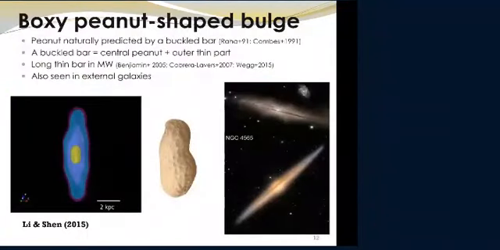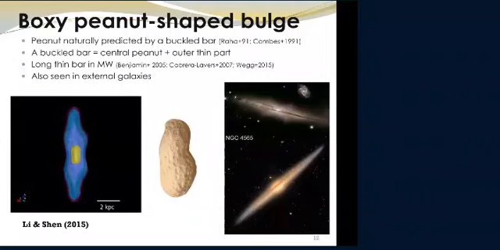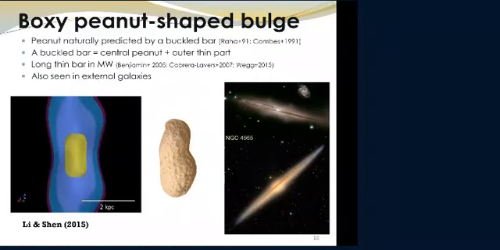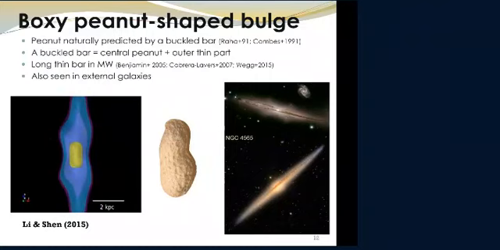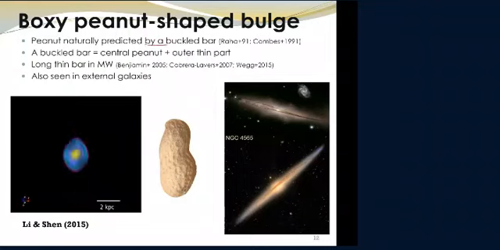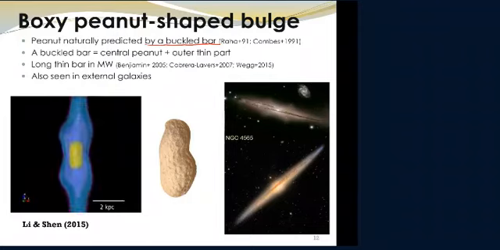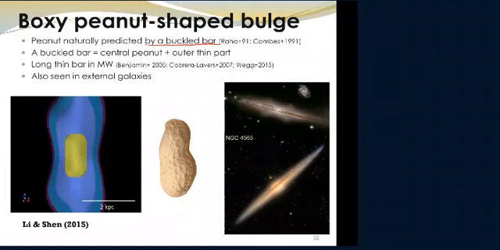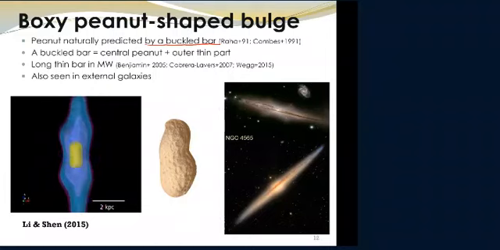Okay, and in this bar forming process, we also naturally get a peanut-shaped bulge. This peanut-shaped bulge was first predicted by a buckled bar since the 90s, so it's good that we can now see they actually match the Milky Way bar as well.